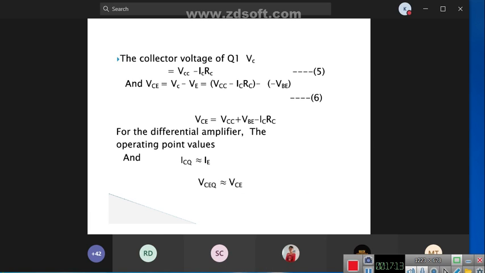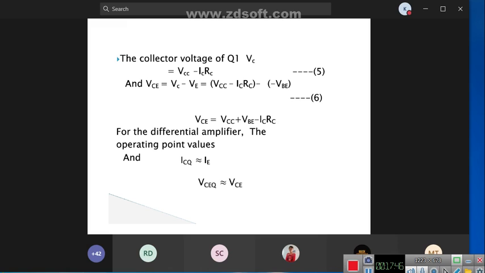In place of VC we can write VCC minus IC into RC, and VE equal to minus VBE. If you substitute VC and VE in this equation, then you will get VCE equal to VCC plus VBE minus ICRC.